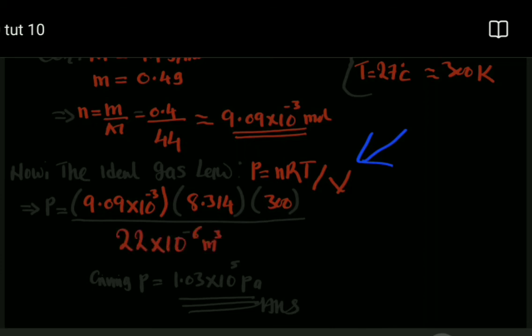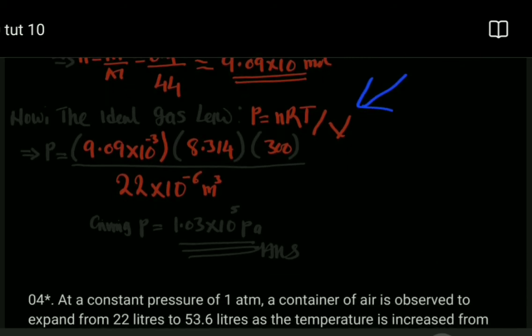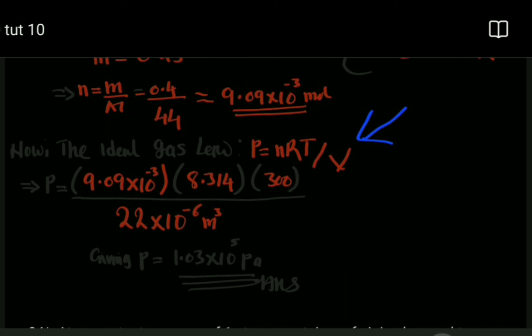Okay, so from here you can see it is very simple. We are able to obtain the value of the pressure as P equals 1.03 times 10 to the power 5 pascals.